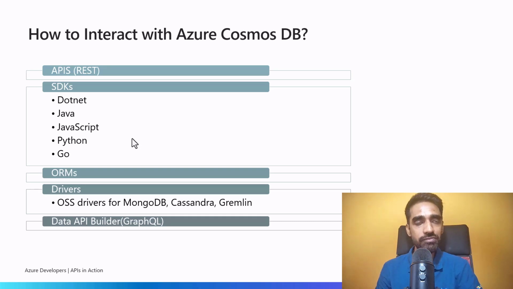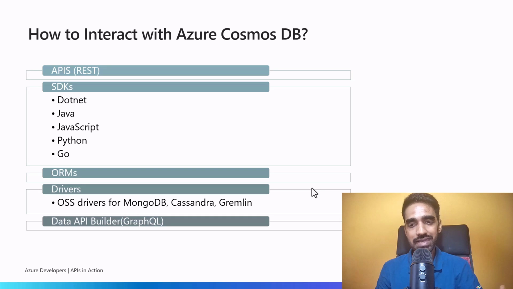Next are the developer-friendly SDKs. We have built our SDKs for a wide variety of languages, starting with .NET, Java, JavaScript, Python, and Go. If you're a developer who prefers ORMs like Entity Framework, we provide that support as well. Since Azure Cosmos DB is a multi-model database with multiple APIs, especially the open-sourced ones such as Mongo and Cassandra, when it comes to drivers, we do not want to reinvent the wheel.